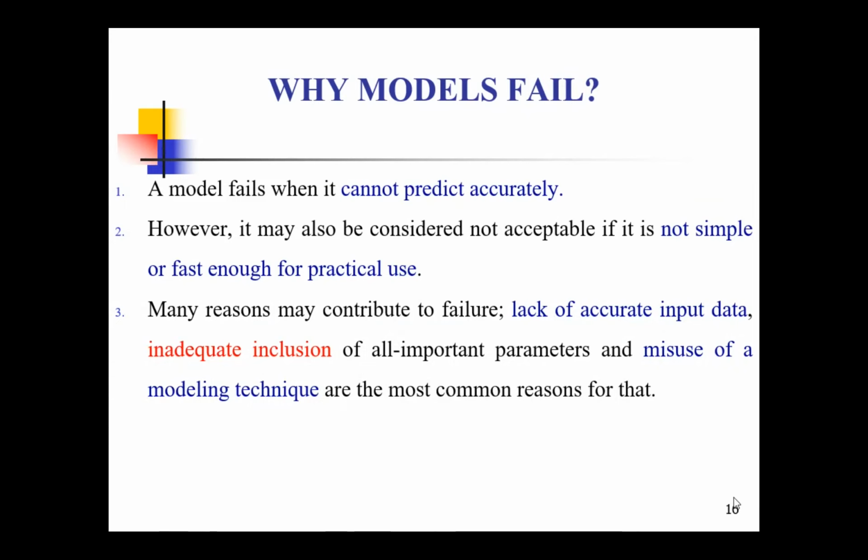But apart from this, we should also consider the tool material that we are going to select, whether I am going to consider a coated or uncoated tool, then what is the nose radius, what is the approach angle, what is the relief angle. So there are many parameters associated with the turning process, but we are not going to include all these things. So that is inadequate inclusion of all important parameters, and misuse of a modeling technique, not selecting appropriate models. So that also leads to failure of a model.